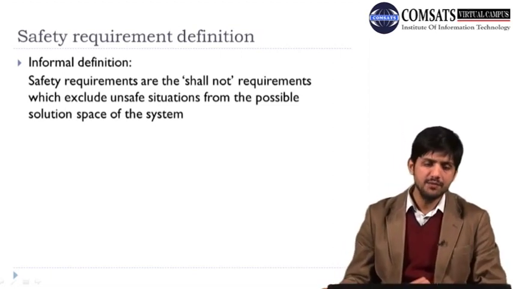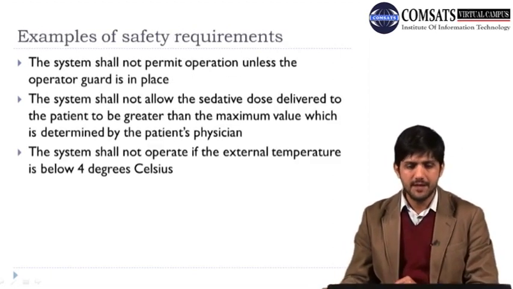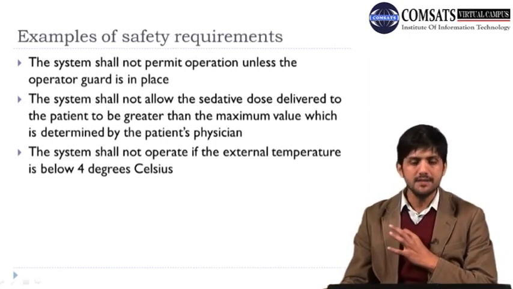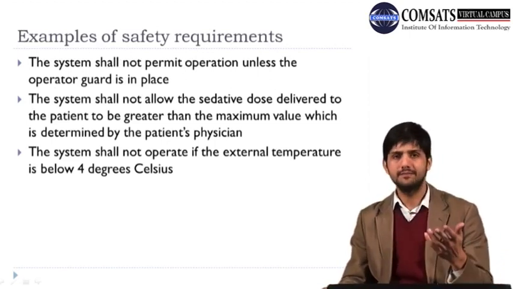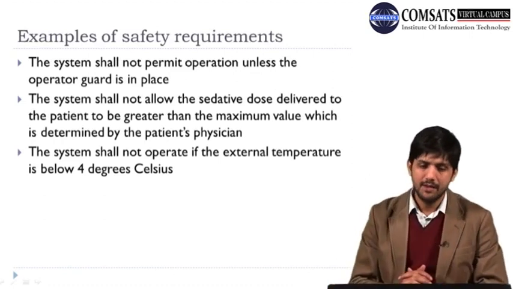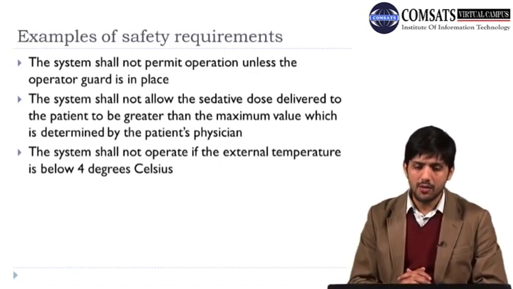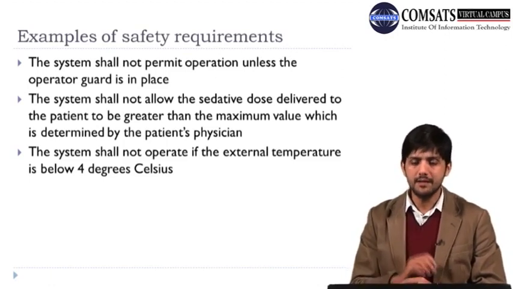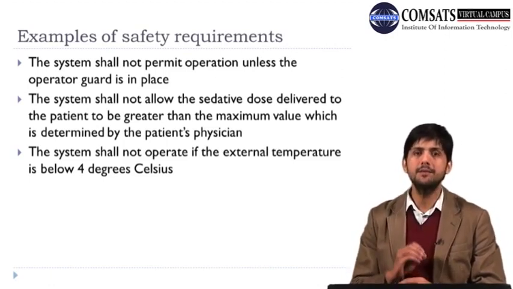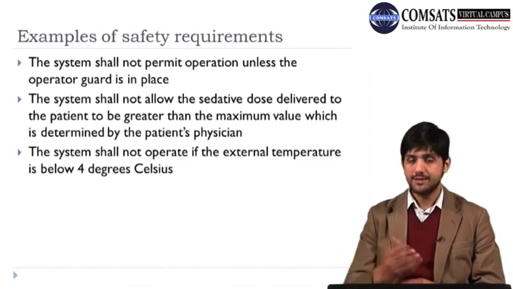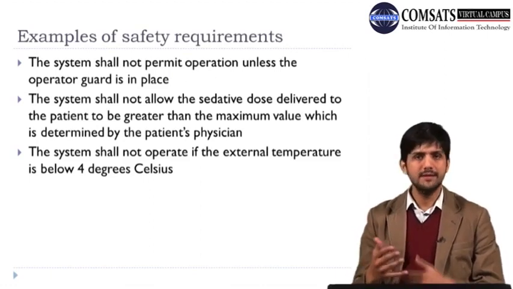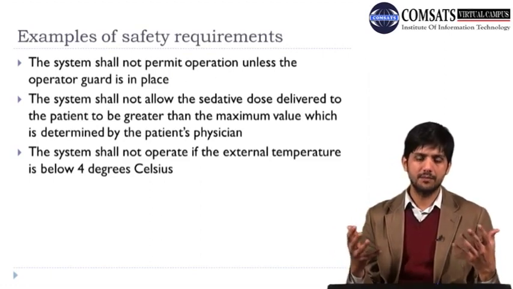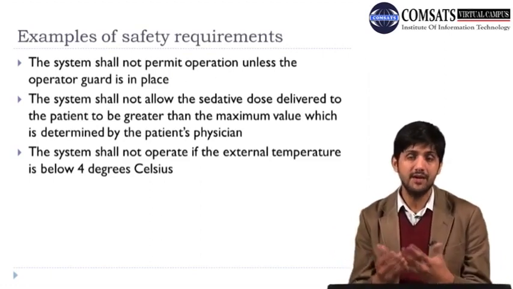So let's look at some examples of these safety requirements. For example, the system shall not permit operation unless the operator guard is in place. That is just one example. The system should not allow the sedative dose delivered to the patient to be greater than the maximum value which is determined by the patient's physician. We know that this should not happen, because if it does, it can be very dangerous.